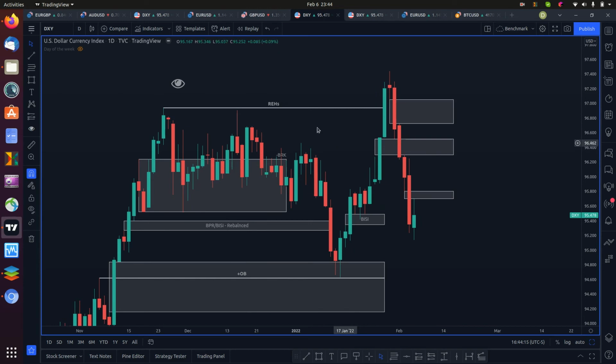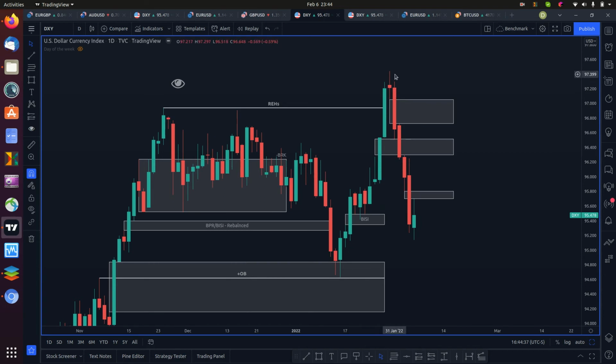Okay, so you can see that there were relative equal highs here, and price was targeting those, and of course they were taken out. If you go to the weekly chart, you'll see that it hit up here for this rejection. During that, remember we talked about SMT divergence.